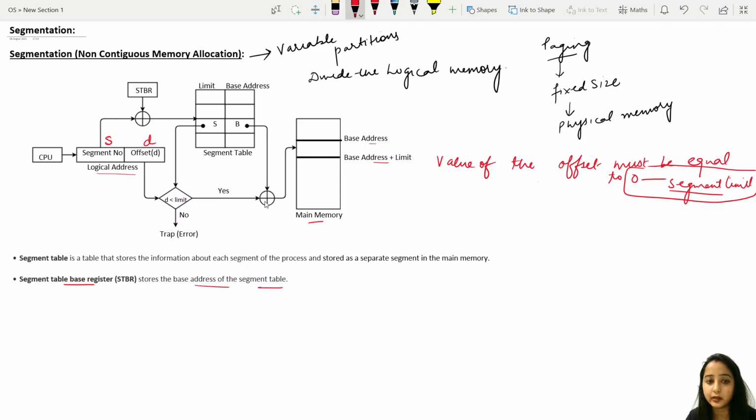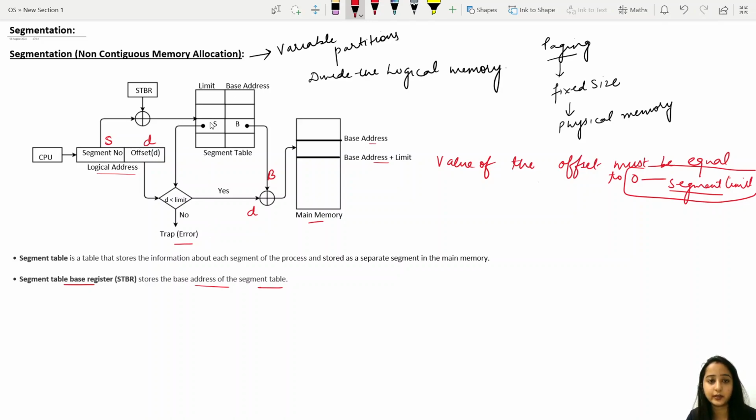If that is the scenario, then we add the offset value D and the base value B, and we get the address in the main memory. So we do B plus D, then we refer to that particular frame in the main memory. If that is not the condition, D is greater than the limit, then we generate a trap, or we can simply say that an error occurs. Hope this is clear to you.